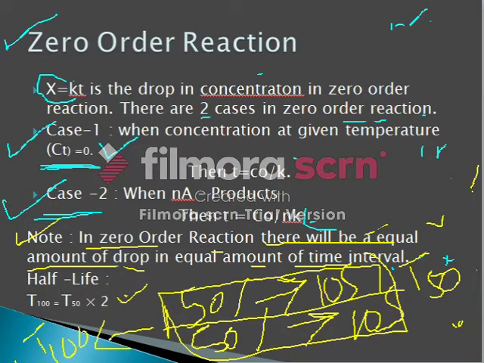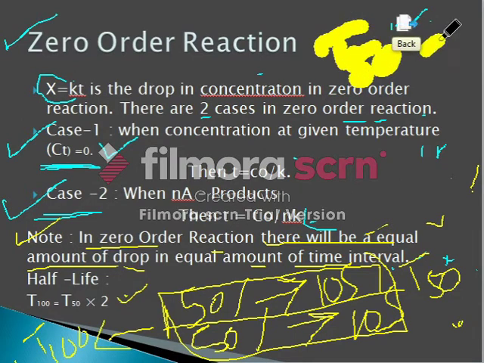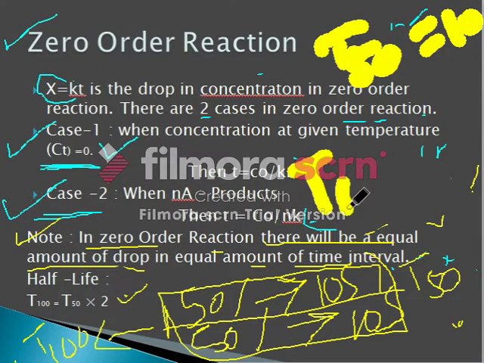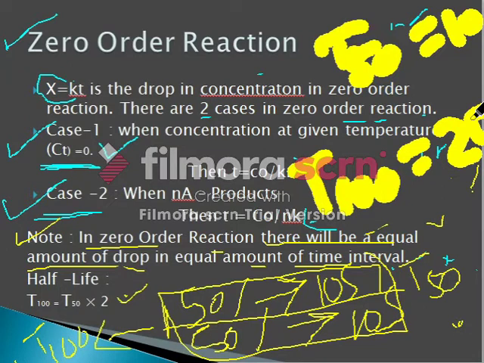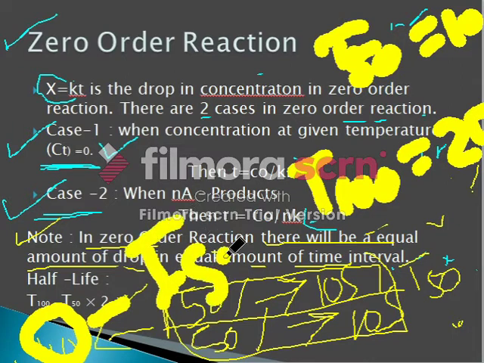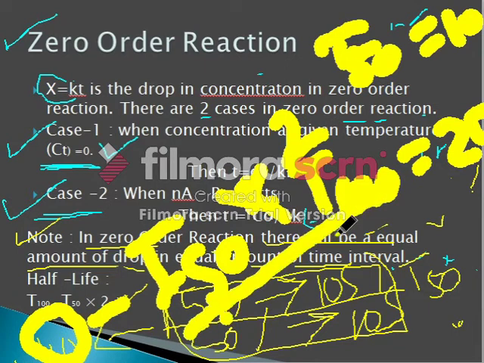Now see, t50 equals 10, but t100 equals 20. So we proved that t100 equals t50 into 2. Hence this is proved.